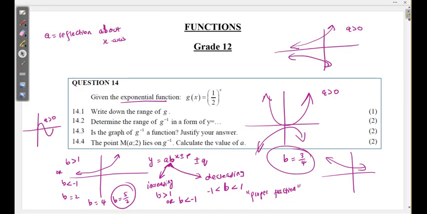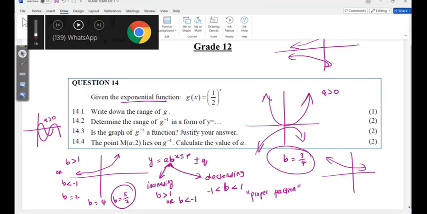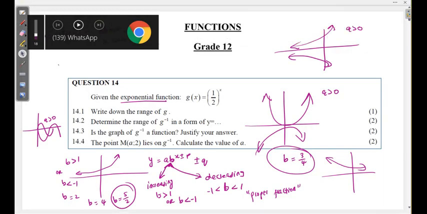Once a becomes negative, that function will become like this. So a will always flip your functions, be it whatever function. A will always flip those functions there.